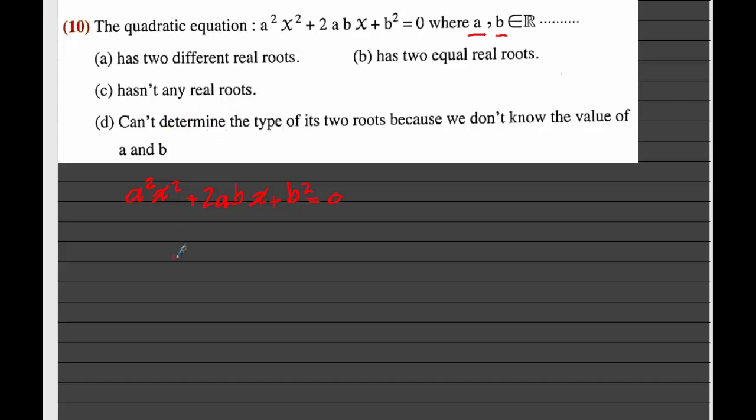Okay, so first we'll calculate the discriminant and check if it is negative or positive or equal 0.